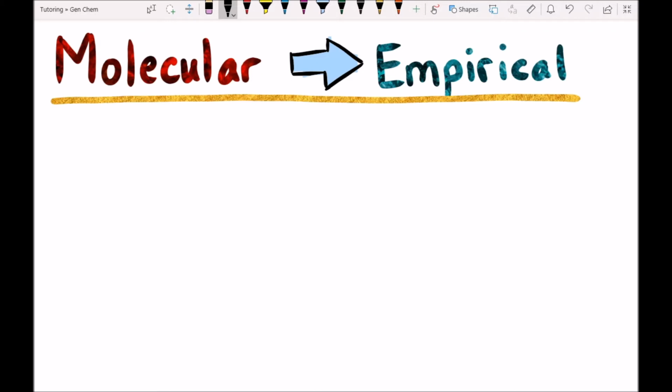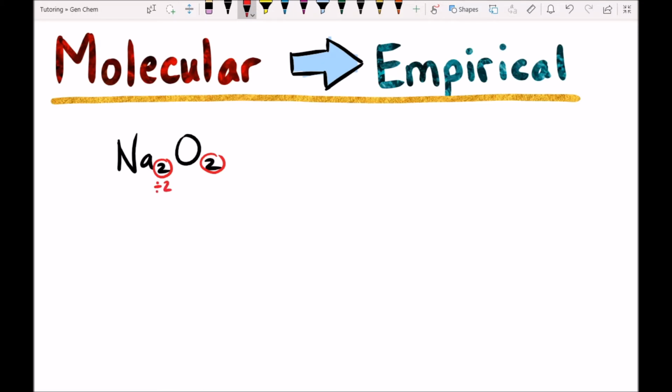So our first example, let's look at sodium peroxide, Na2O2. That's our molecular formula. We have two elements and two subscripts. Each subscript is 2. The greatest common factor, so the greatest number that will divide evenly into each of these, is 2.